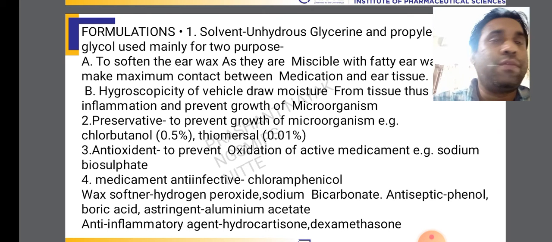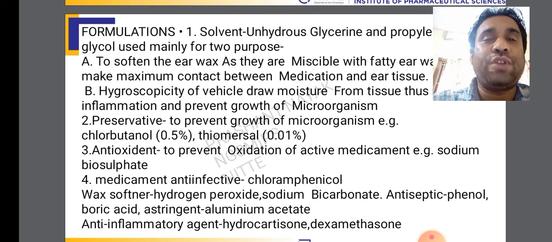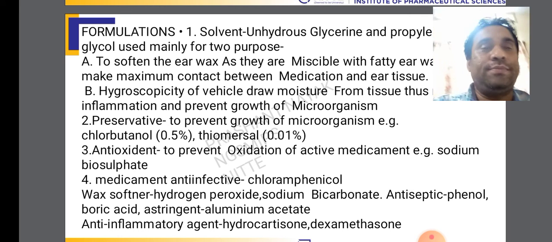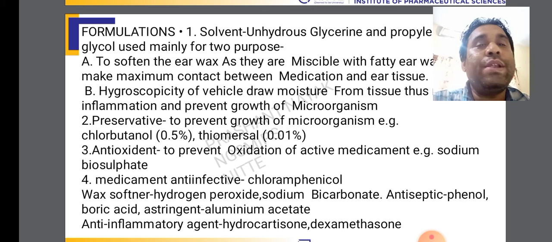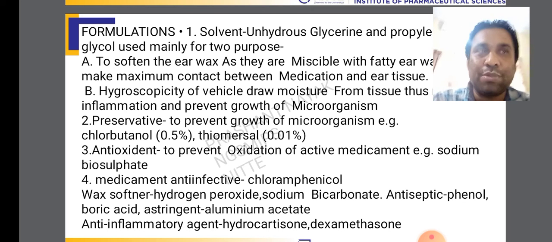For wax softeners, we use hydrogen peroxide and sodium bicarbonate. Antiseptics used are phenol and boric acid, and the astringent used is aluminum acetate. Anti-inflammatory agents like hydrocortisone and dexamethasone can also be used.